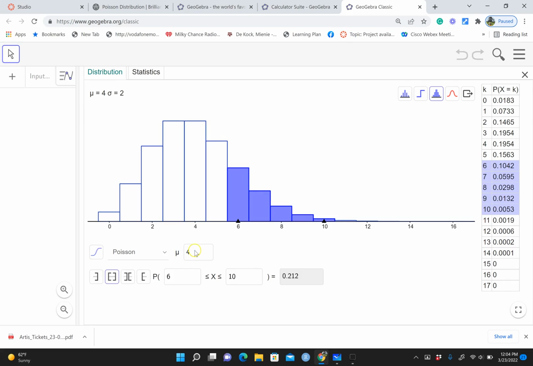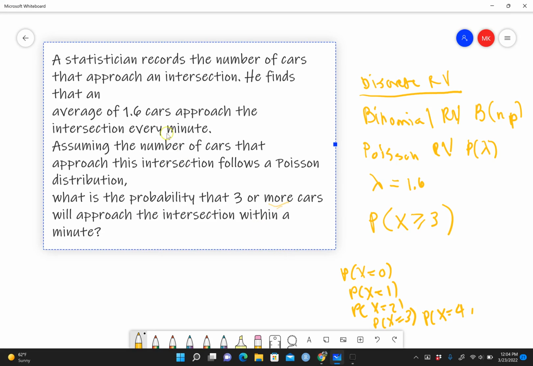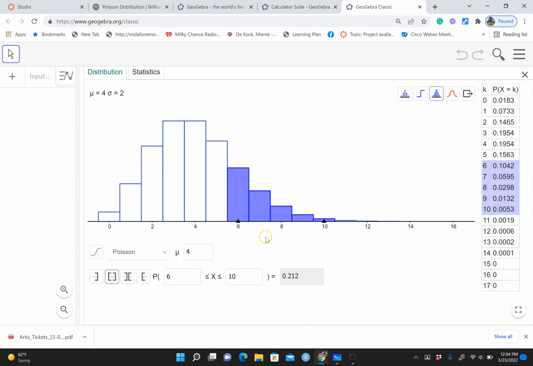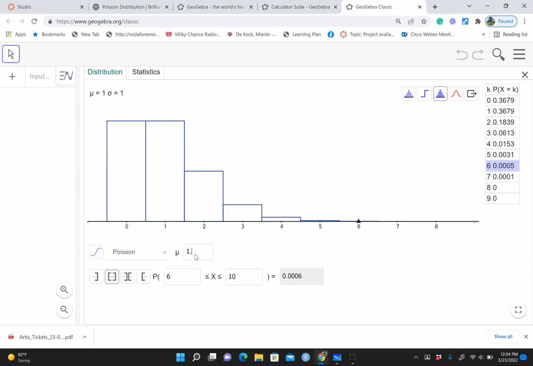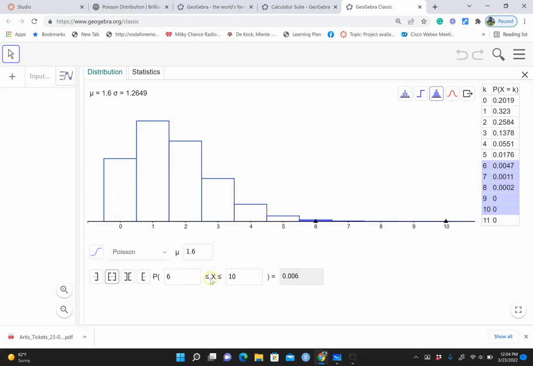Mu or lambda is the convention in mathematics to use as the average number of events. So in this case, my parameter is given as 1.6. That's the average number of cars that will approach your intersection per minute. So we're going to make that 1.6. And then we want to find the probability that x is greater than or equal to 3.